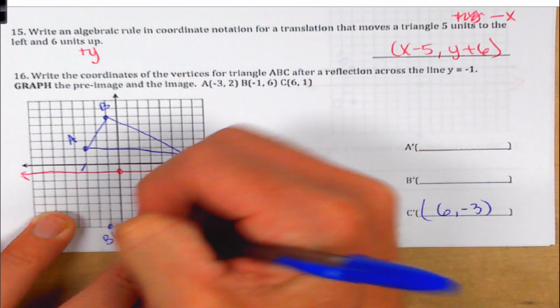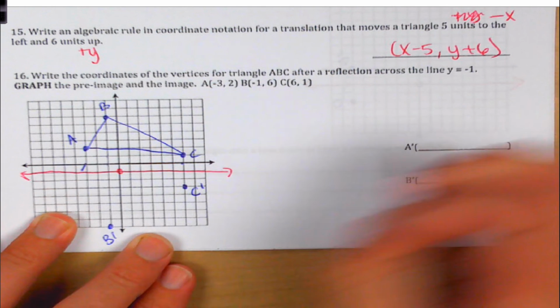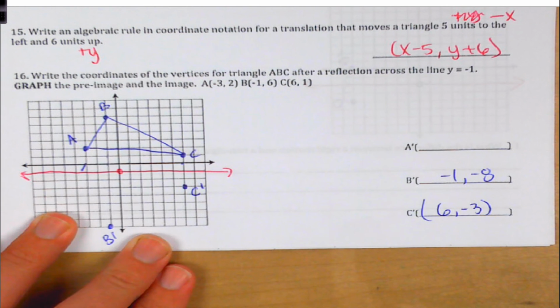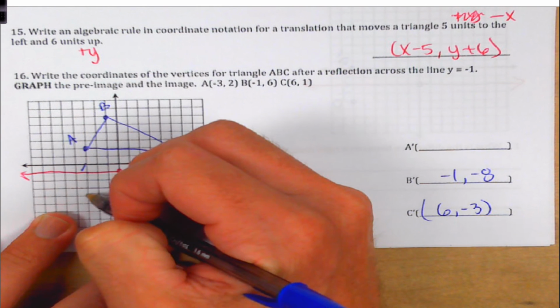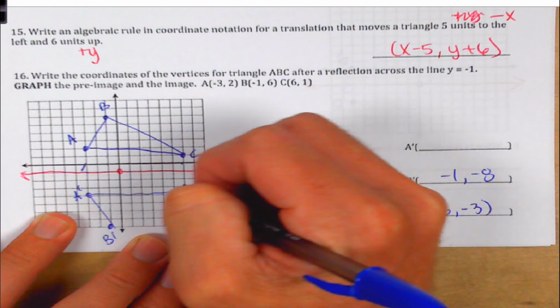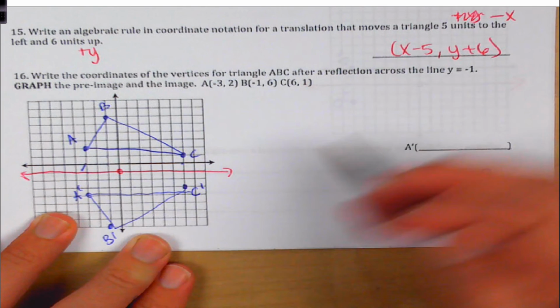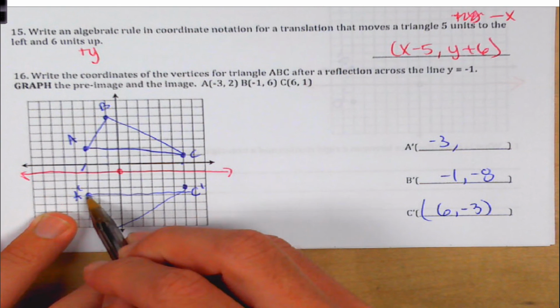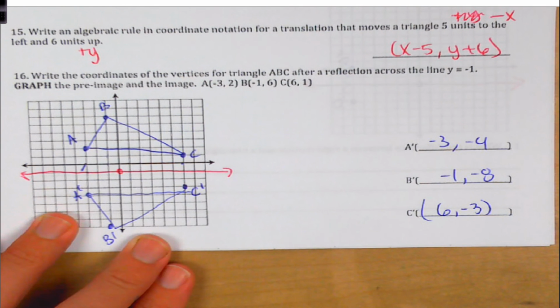There's B prime, which happens to be at -1, comma -8, if I actually count from the vertex. And then this is 1, 2, 3 units away, that's A prime. A prime is going to be at -3, and that's at -1, 2, 3, 4. So again, we just count. How far are we from the line? Make sure we're equidistant.